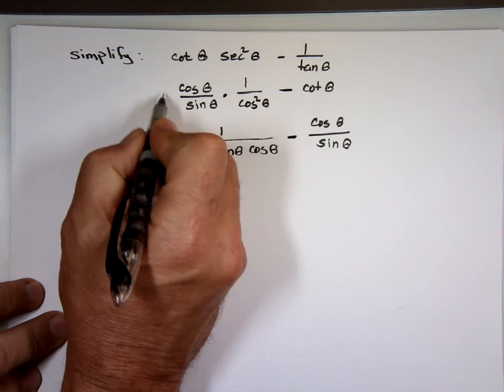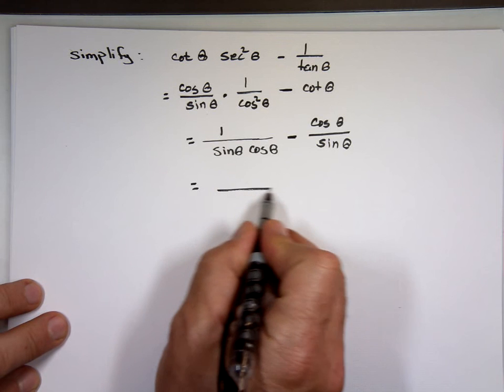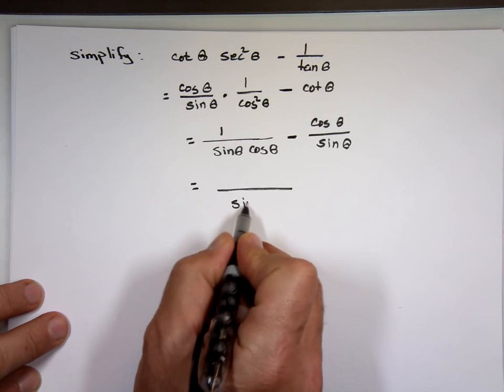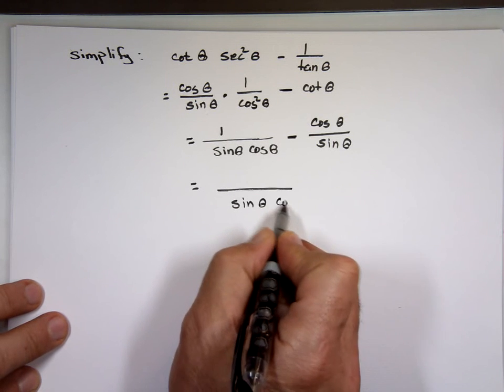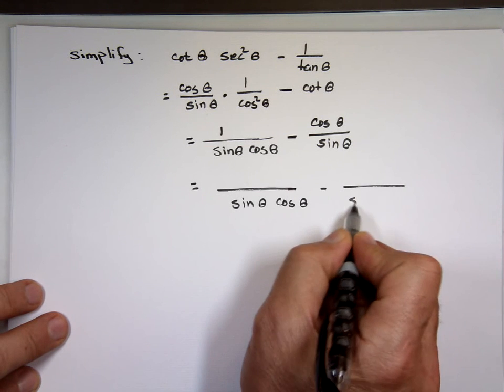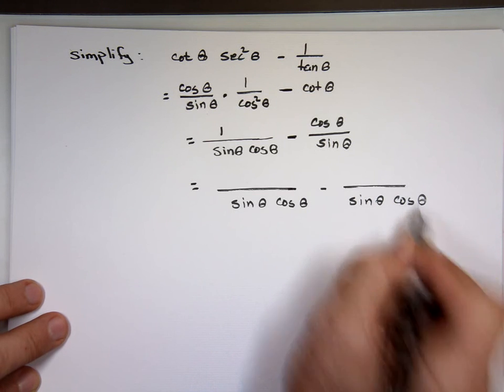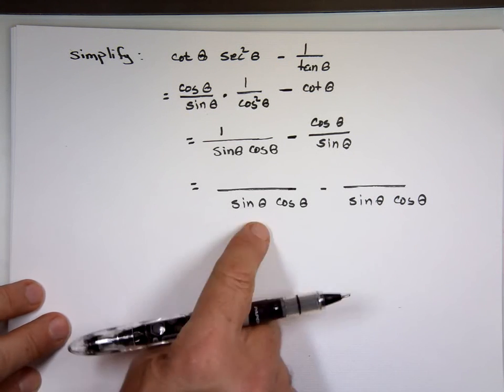Again, I'm going to add or subtract. I need an LCD. So I need the bottom to be the same. There's no change to this. I'm not changing this, so it stays 1.